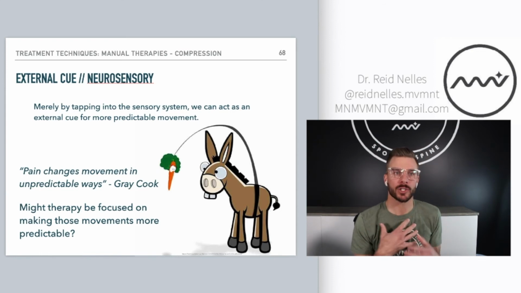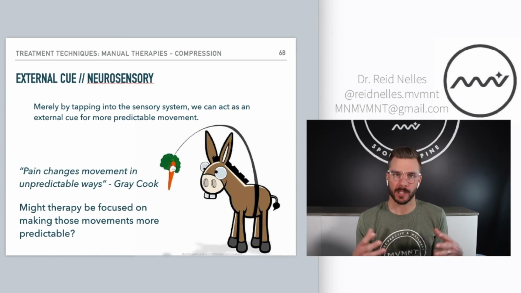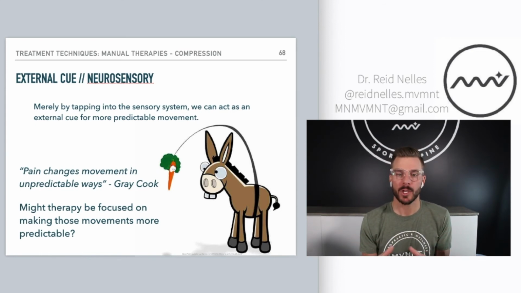I think that our goal as therapists, providers, and clinicians should be changing these movement patterns to more predictable things through external cues, and then slowly weaning them off that. We'll discuss this pyramid of awareness later today, so that their movement patterns become more subconsciously functional. They don't even know or need this feedback to move effectively and efficiently.